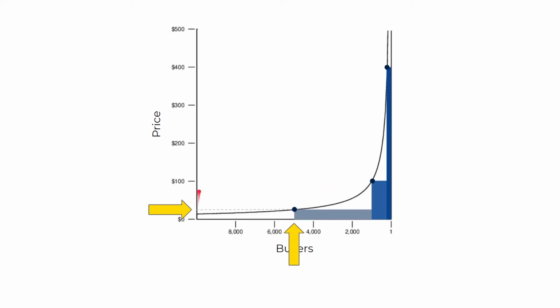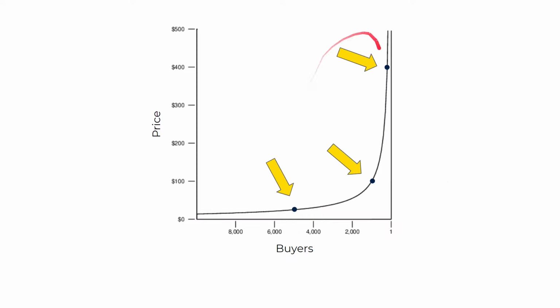Same here, if this price would be $25, I would have about 5,000 people that can afford to buy this. And here you see that this is 100, this is 400, this is 100, and this is 25. So these points are not chosen by chance, but they are chosen with Pareto's distribution in mind.